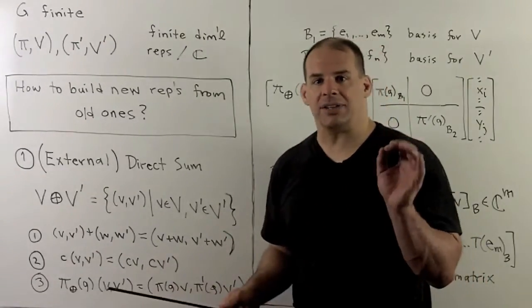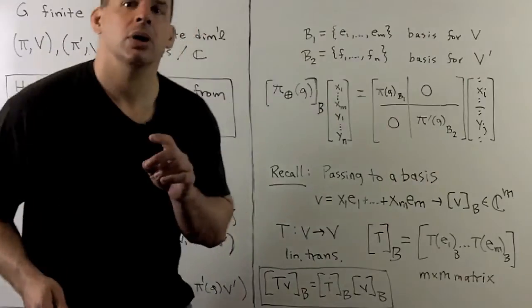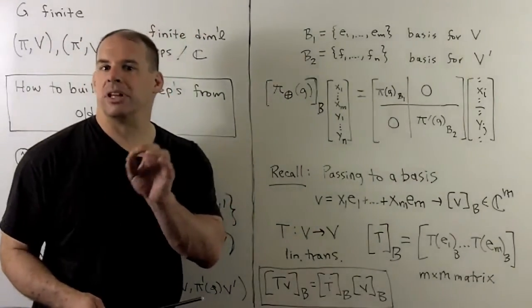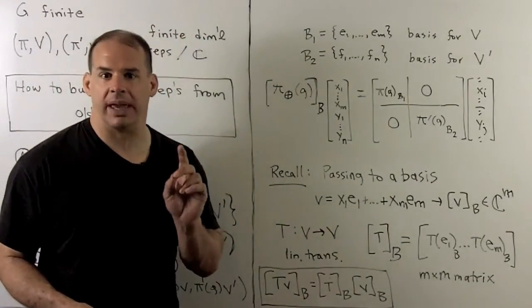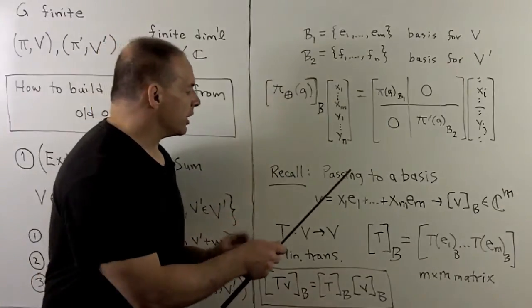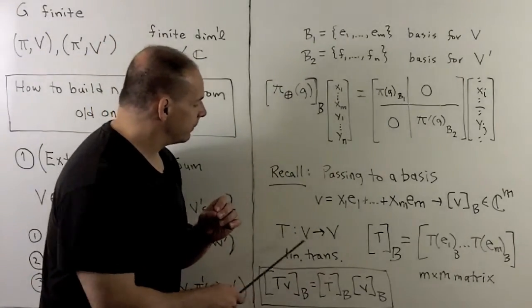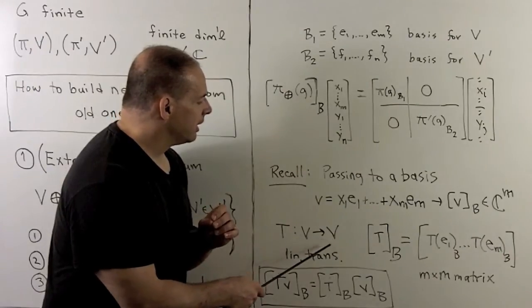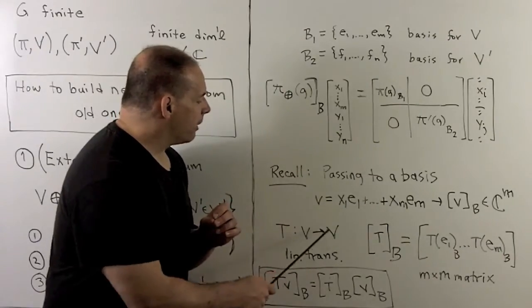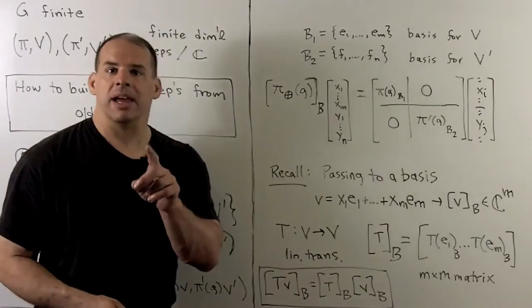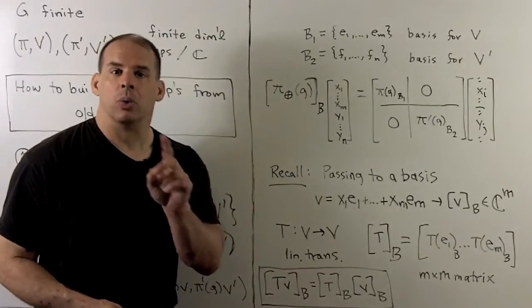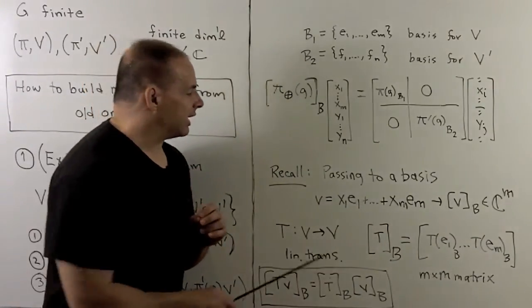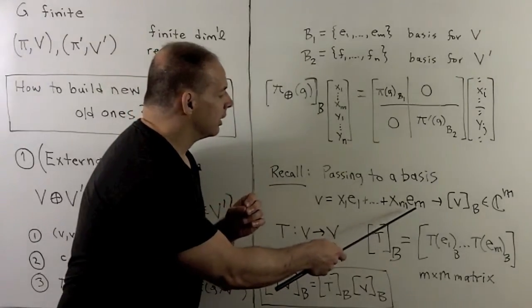Now, to visualize this, we first review what happens to linear transformations when we pass to a basis. So let's suppose I have a linear transformation T carrying a vector space V back to itself. If I want to convert from V to C^m and T to a matrix, what we do is we choose a basis, say e1 through em.